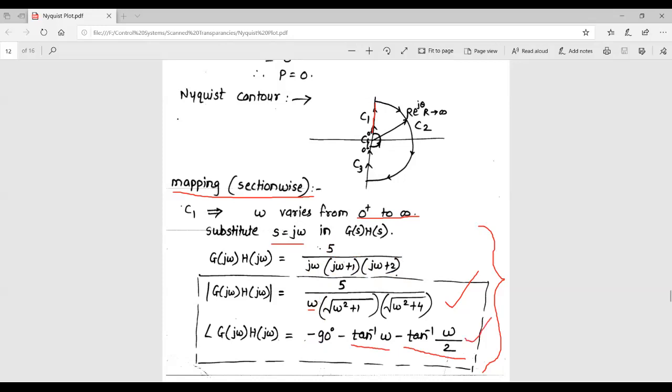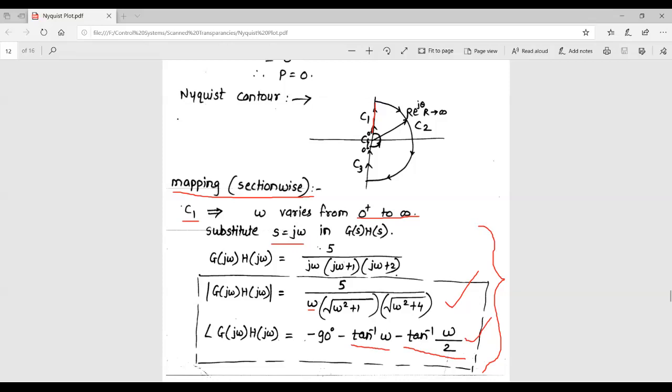Now what we are supposed to do for this particular section, this magnitude and phase equations we are going to use for all the sections. But now for section C1, the limit of omega is from 0 plus to infinity, right? So first we will substitute 0 here, we will get the magnitude, then we will substitute infinity, we will get another magnitude.